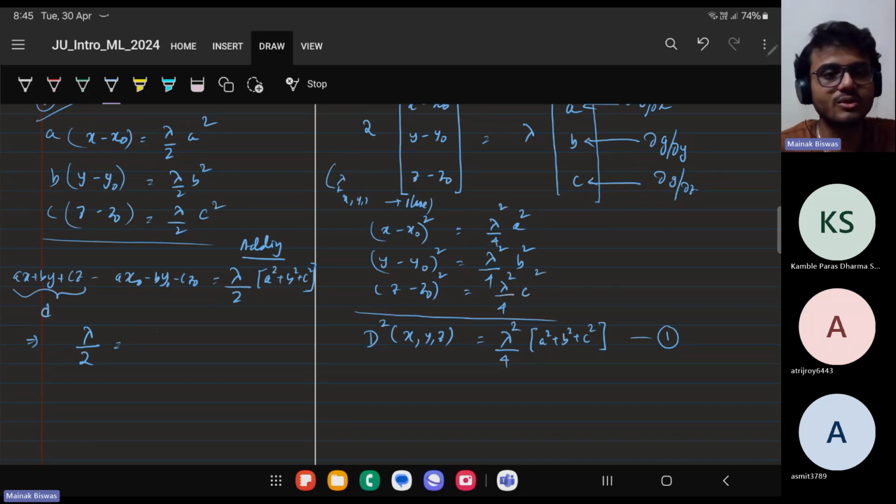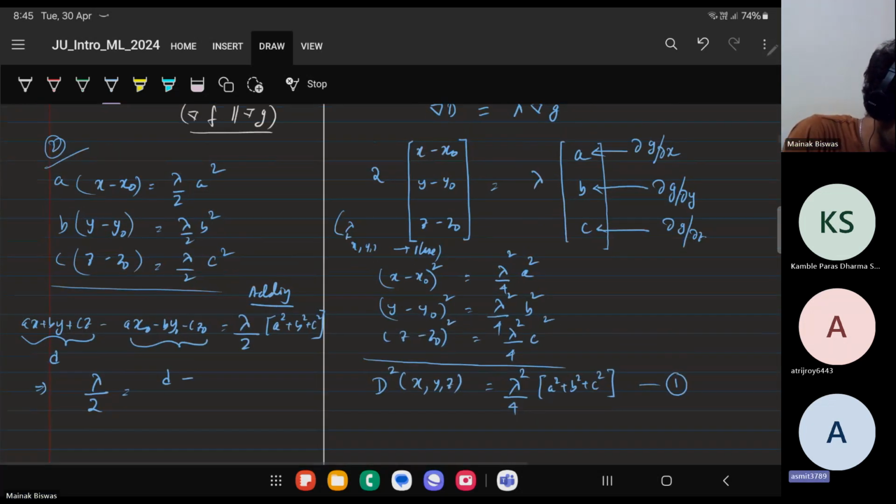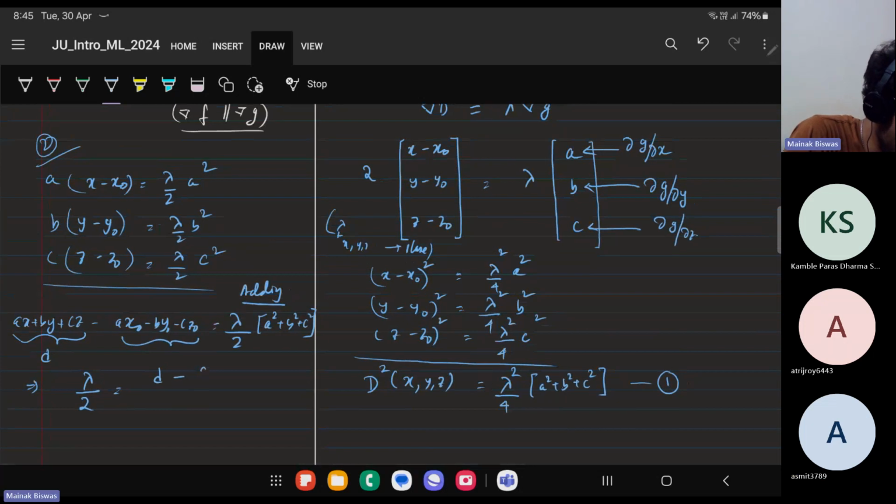So this is d. You told me to put it in the value of the plane, so this is d, and this is the value of the point we are considering, so g of x naught y naught z naught.